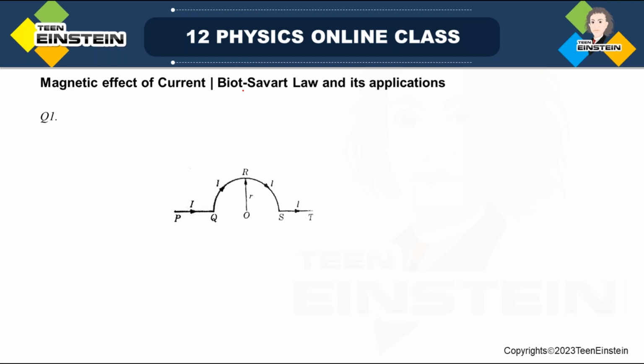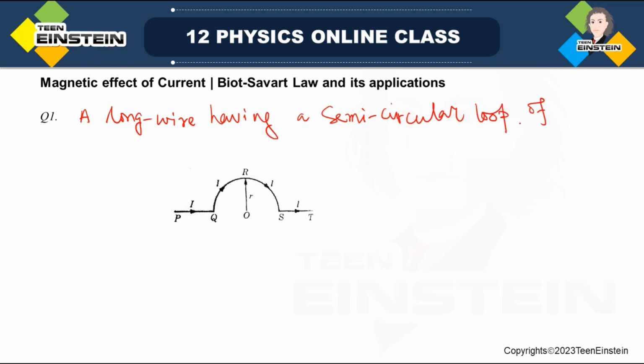The first question says: a long wire having a semicircular loop of radius small r.